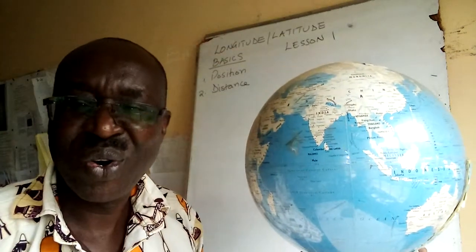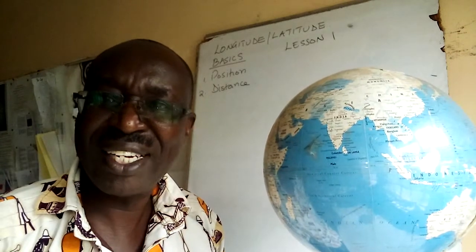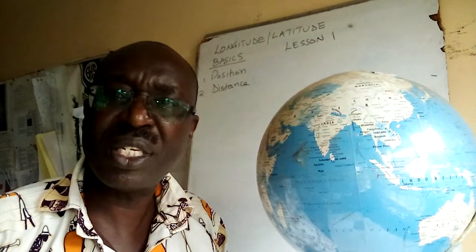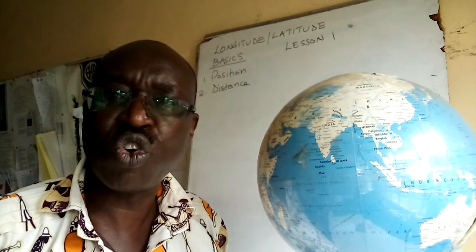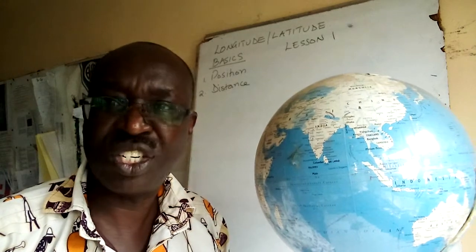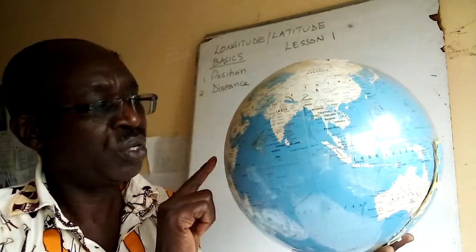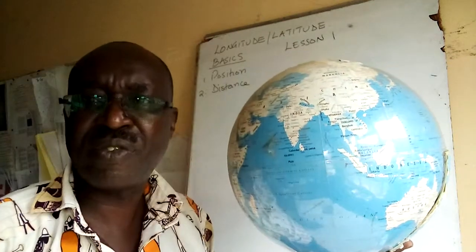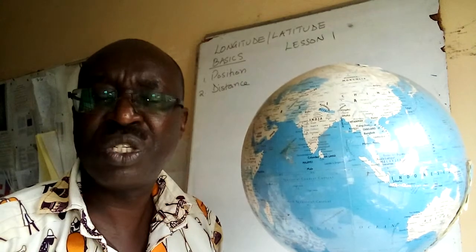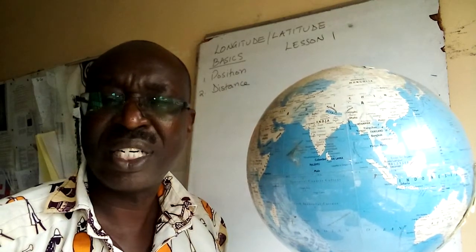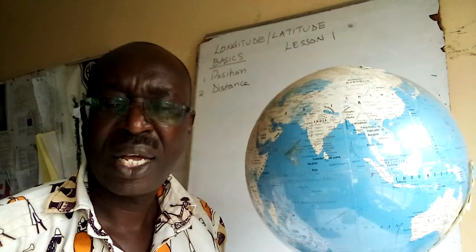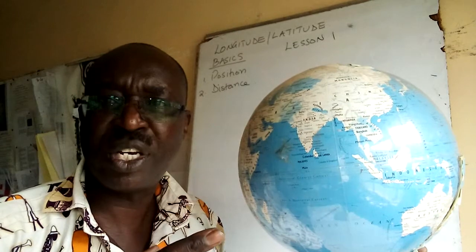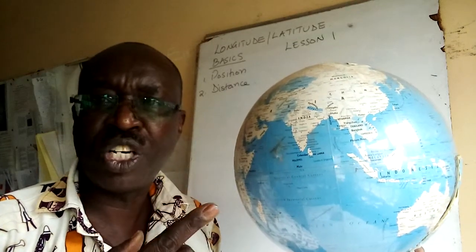How do you know which lines are which if you are given a question? The ones which have south or north are basically latitudes. If this is the equator, in the northern hemisphere the latitudes will have a capital N, for example 20 degrees north, 40 degrees north.